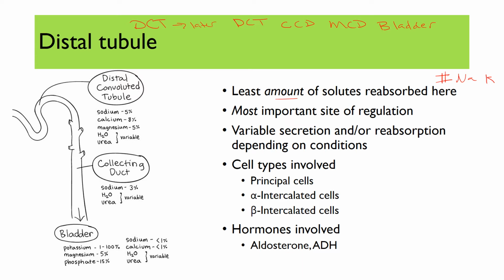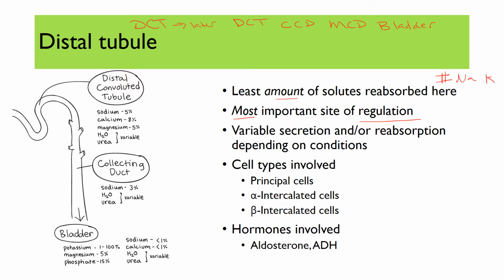Well, they're most reabsorbed in the proximal tubule. Try to remember that. It's kind of confusing because the distal tubule is what we talk about the most because it is the most important site of regulation of reabsorption or secretion processes. And as a result, there is a variable secretion and or reabsorption depending on the body conditions at the time.